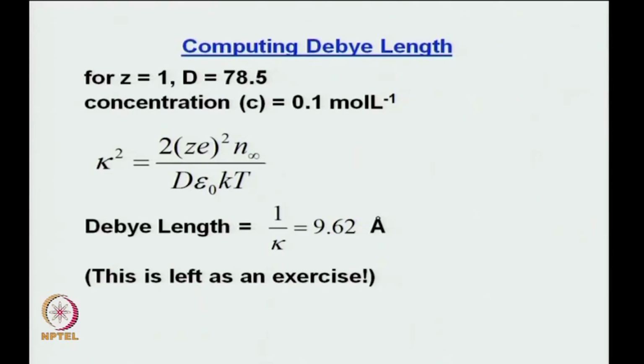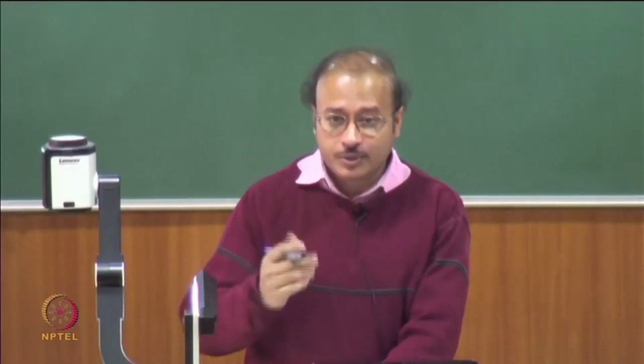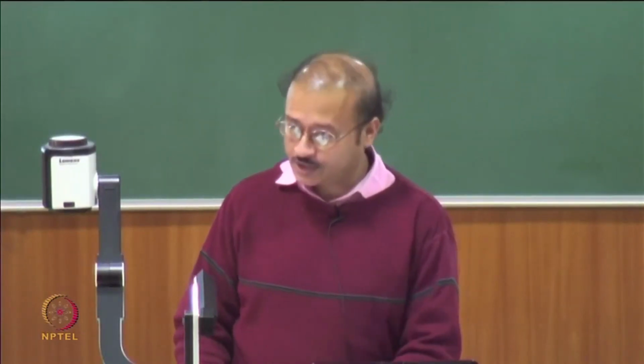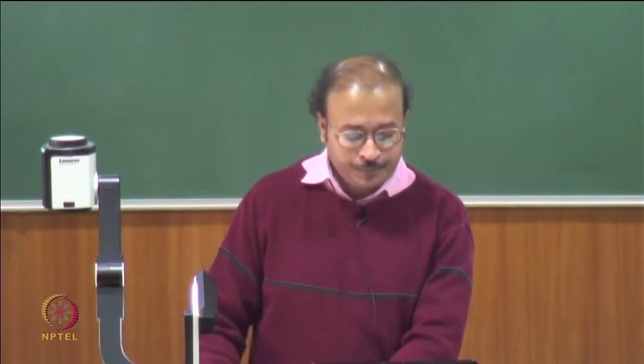Now, this is left as an exercise for you to do. It will come as 9.62 angstroms, given Z is equal to 1, D is equal to 78.5, the concentration C is equal to 0.1 moles per liter. I am giving you the concentration right away, right. So, please do it, you will understand how people do these calculations, because Debye length obviously has a very important place in electrostatics in chemistry. Okay.